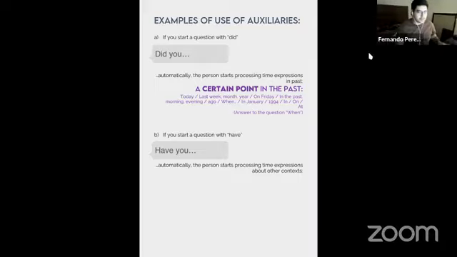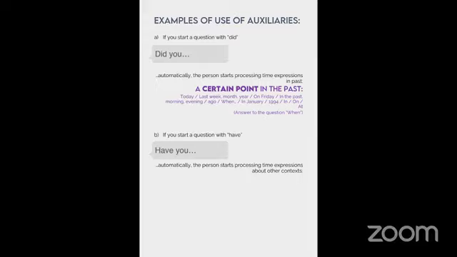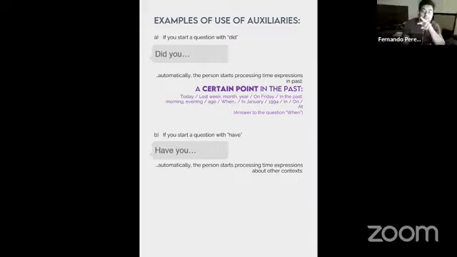Probably we are not understanding the point. I am talking about the construction of a sentence. The expression is already. The most important thing is the time expression.